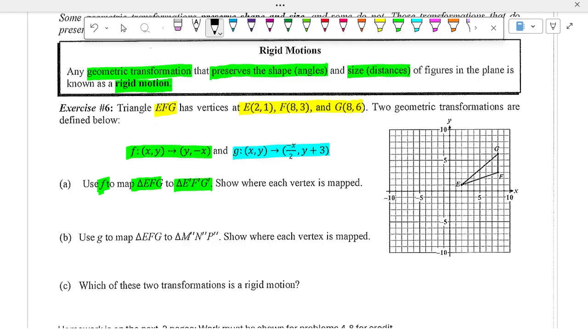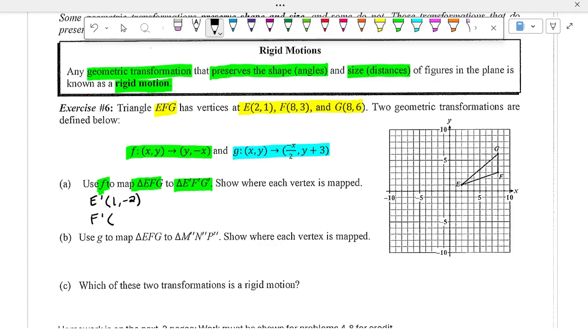Change the sign of the original X value. So let's do this together. So E prime, if we start with 2, 1, what's the new point? So first off, if we flip it first, what is it? 1, 2, and then we make the original, so it'd be -2. So 1, -2 is your first point.